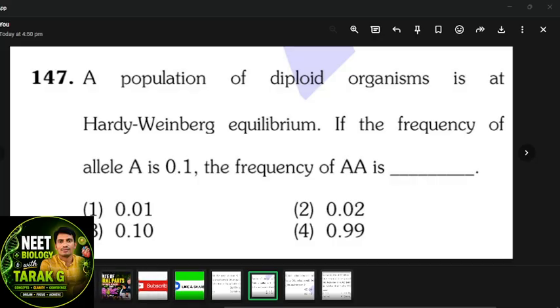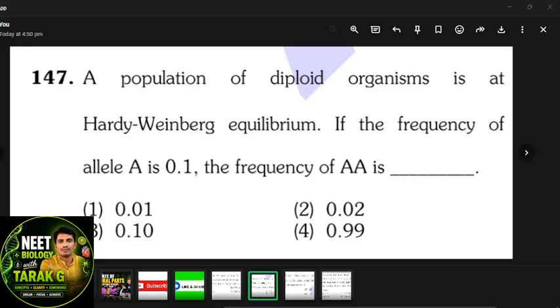It means the Hardy-Weinberg principle says that the frequency of occurrence will always be stable. So here they have given the frequency of allele capital A, which is equal to 0.1.